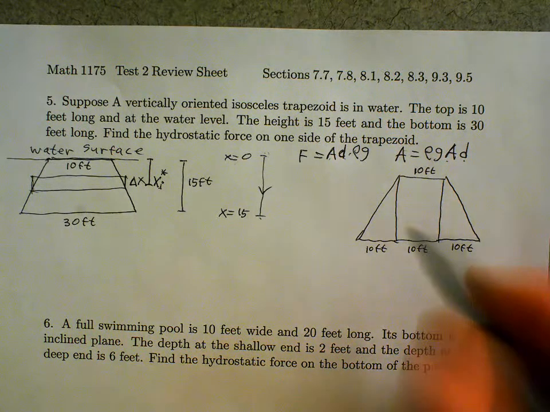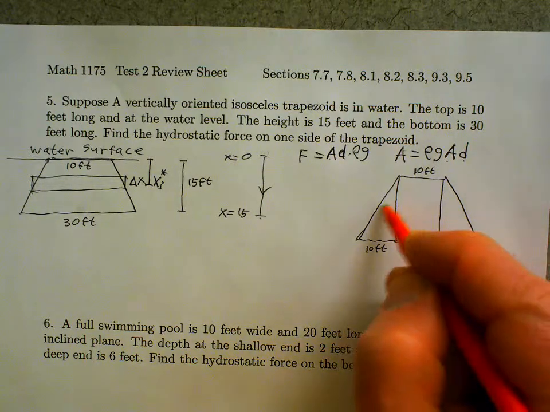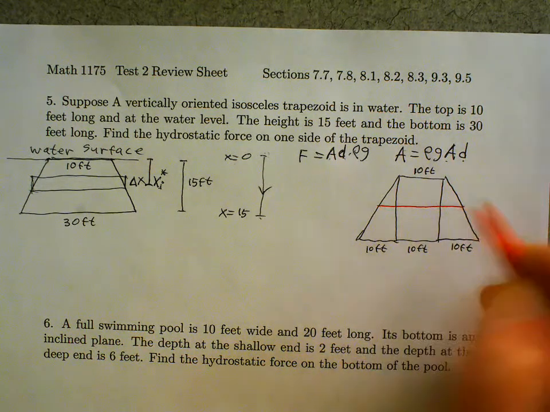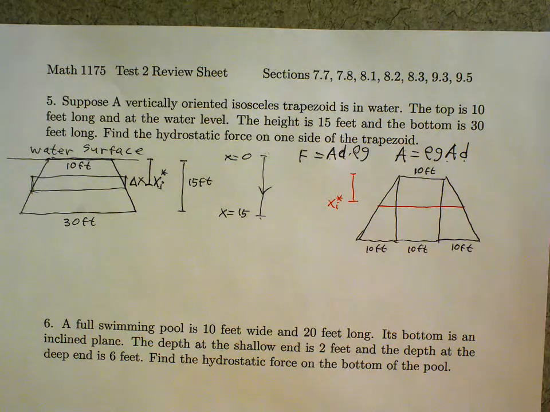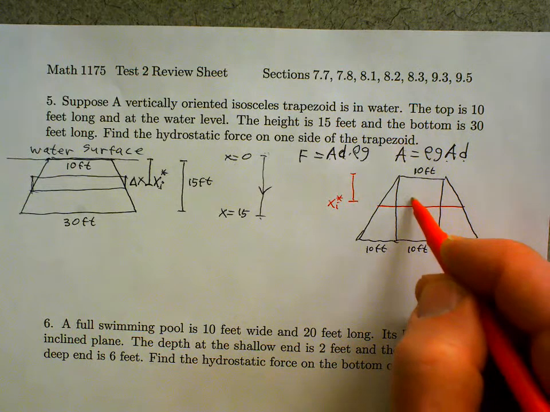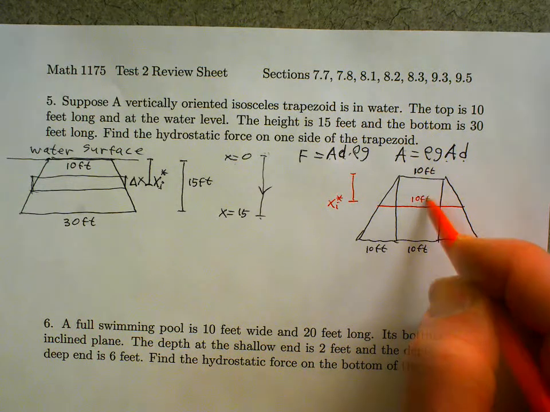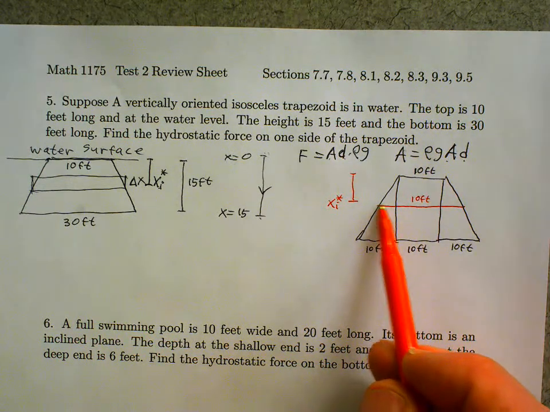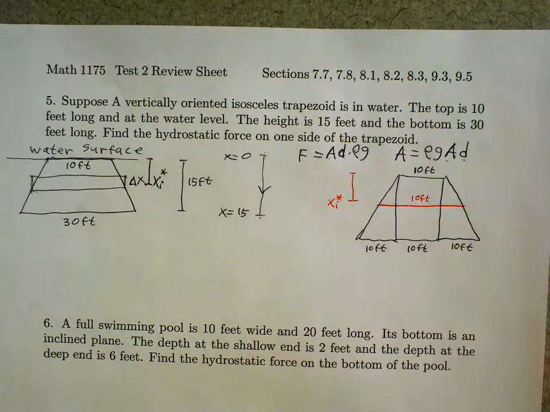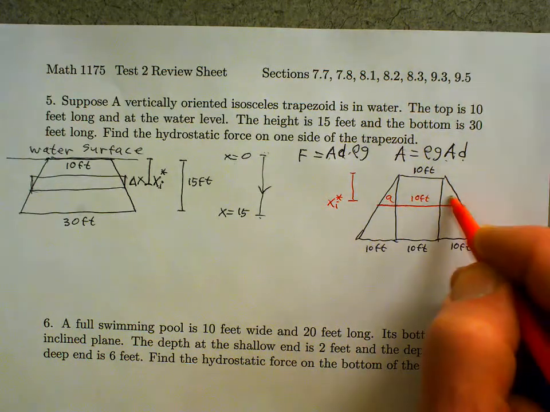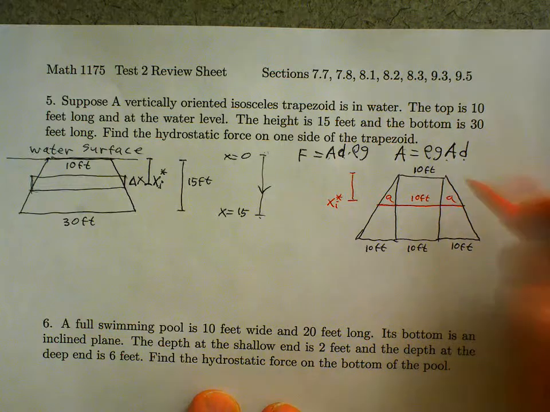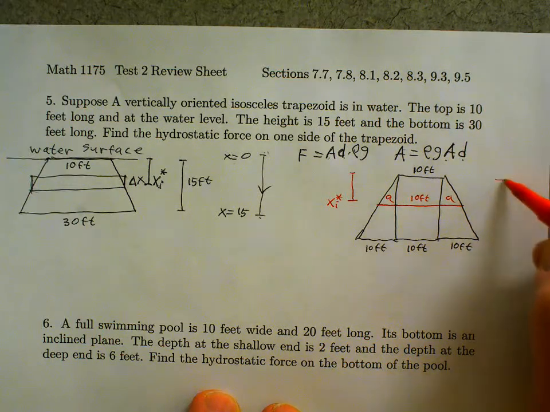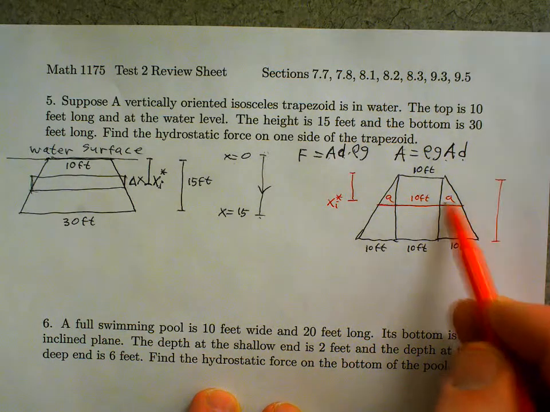So at a particular depth of x sub i star, we know that this part is 10 feet. We need to know the length of this and the length of that. These are the same because it's an isosceles trapezoid. So we can use similar triangles to help us determine the value of A.